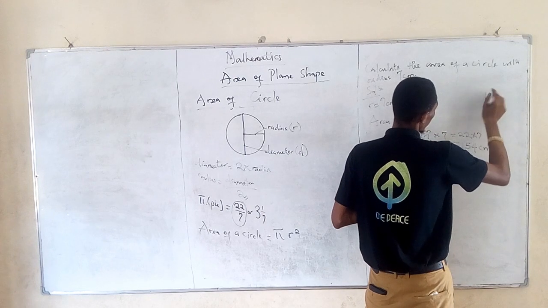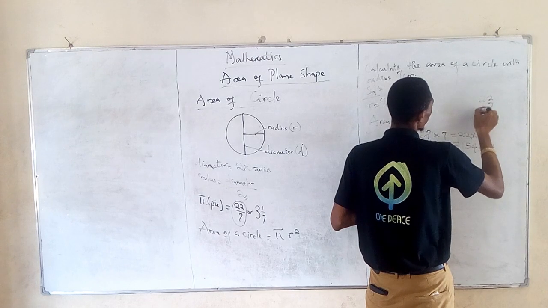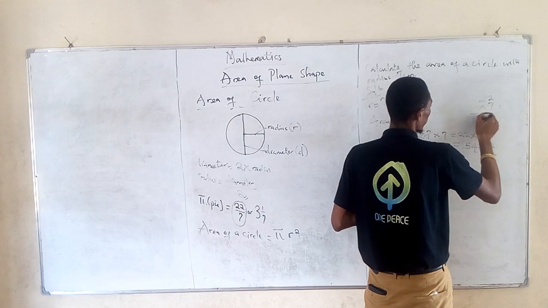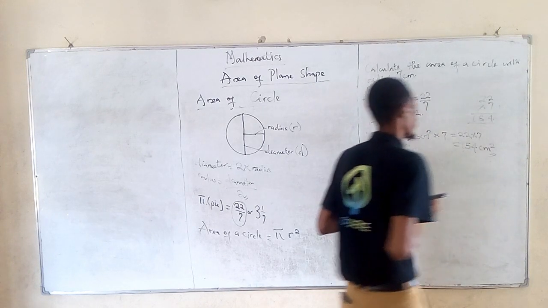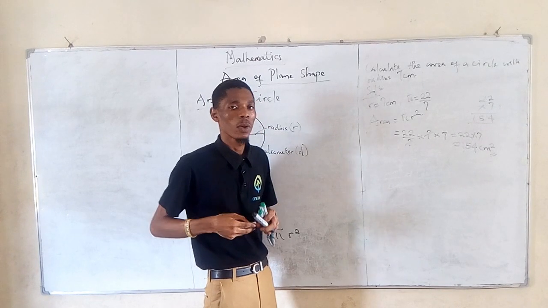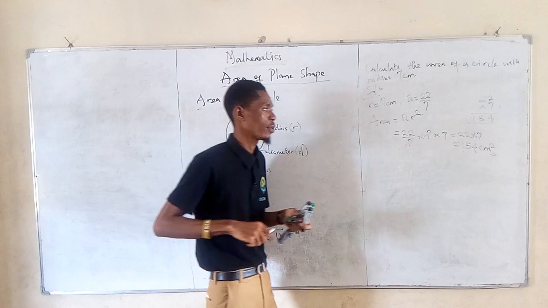Let's try it out and see. 22 multiplied by 7. 2 times 7, 14. Carry 1. 2 times 7, 14 plus 1, 15. So it's 154 centimeters squared.